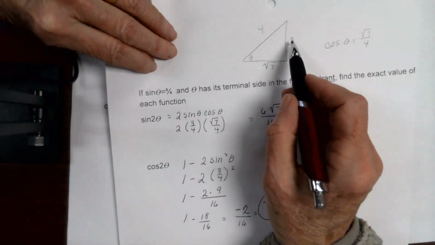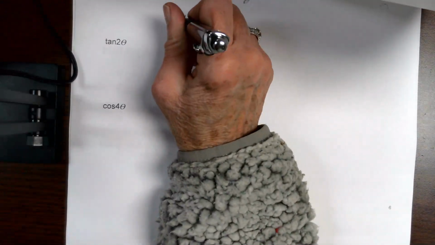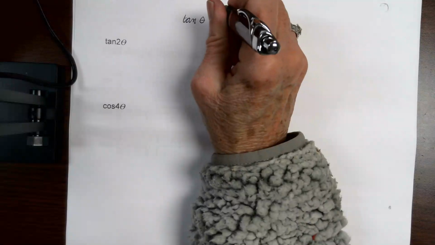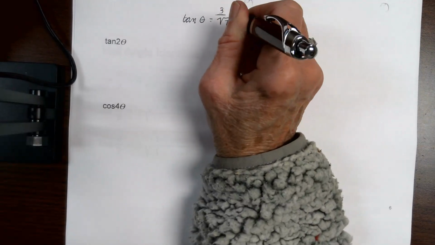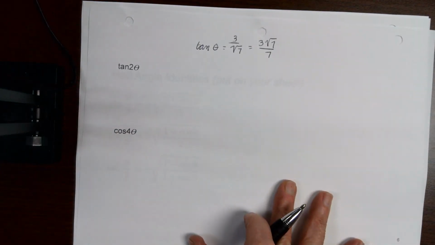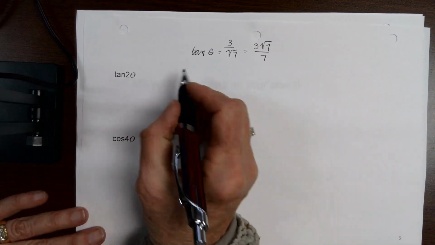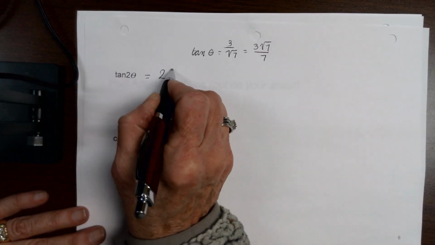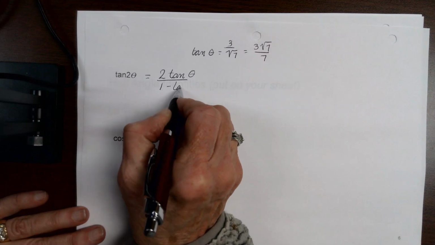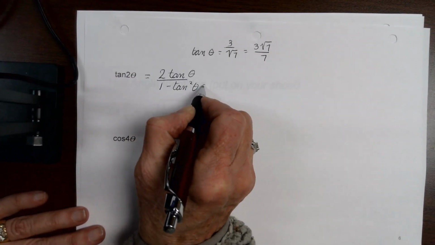Okay, now I want to go on to the tangent of 2 theta. So I go back to my triangle. Remember, tangent is opposite over adjacent, so the tangent of theta is equal to 3 over the square root of 7, or 3 on the square root of 7 over 7. Okay, so I use my identity, 2 times the tangent of theta over 1 minus the tangent squared theta.